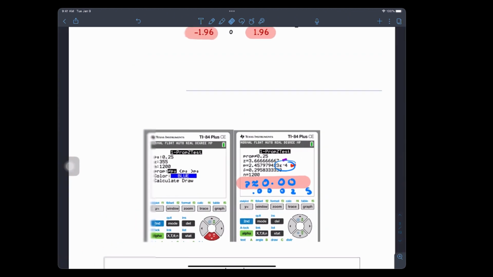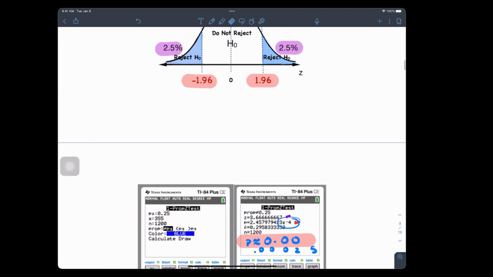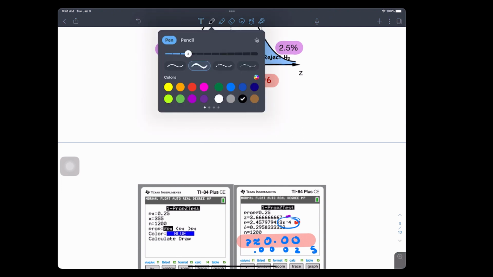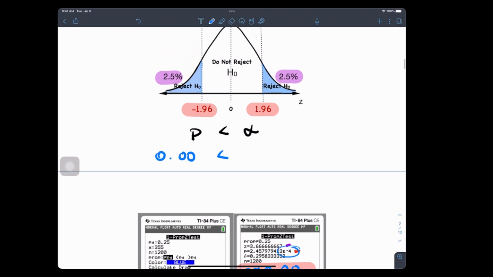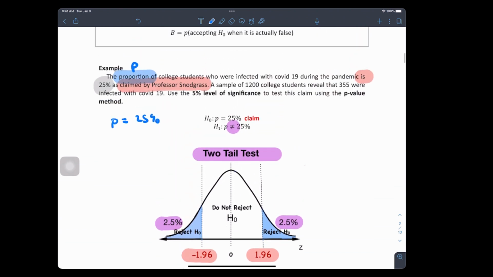Now, what do we have to compare here? We want to know, is p less than alpha? What was alpha? Wasn't alpha 5%?